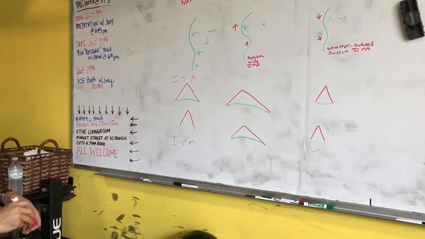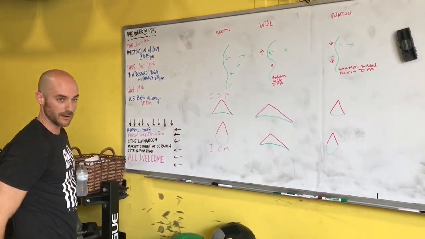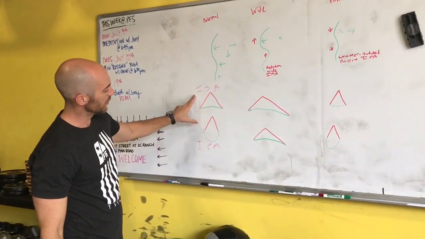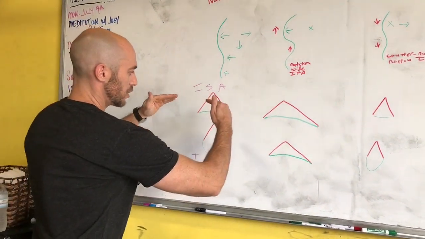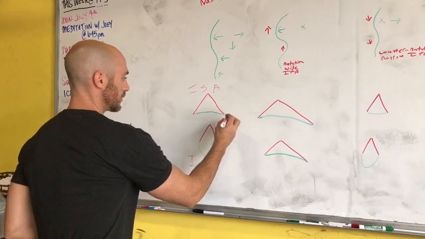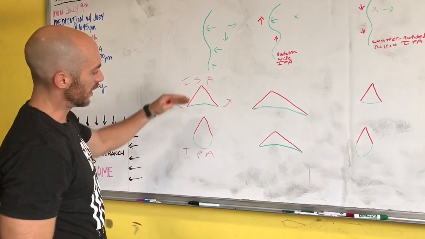Cool. All right. So let's say this is modeled after my infrasternal angle, the false ribs, the area that we're measuring. This is normal mechanics. My infrasternal angle should be the opposite of my infrapubic angle. So when air comes in, I get an expansion. I get that bucket handling action at my false ribs, so it kind of goes out that way, out that way. That allows my diaphragm to drop.